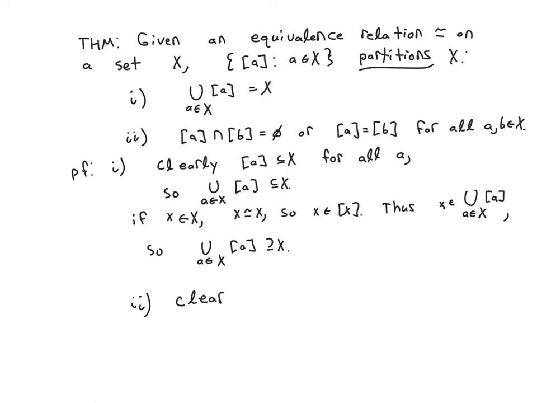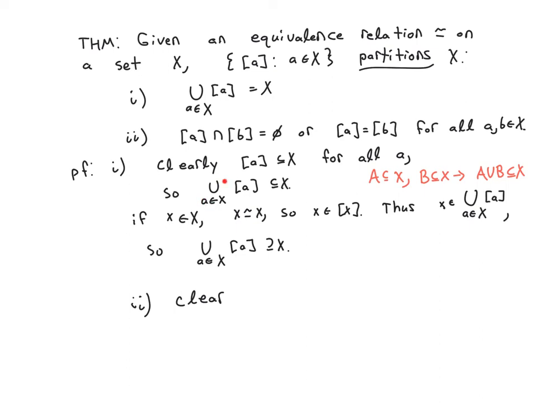Well, clearly, equivalence class of A, by definition, is a subset of X. And since that's true for any A, the union is also a subset of X. That's a fact about unions that we often state this way in the proof writing course, but it's true for arbitrary unions.